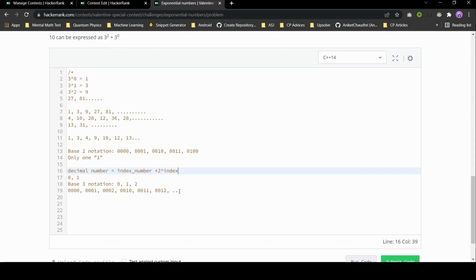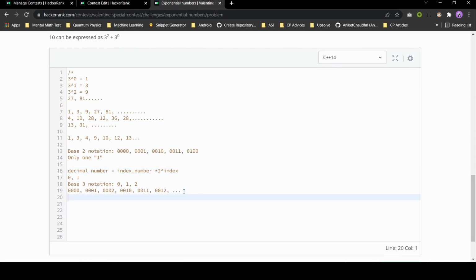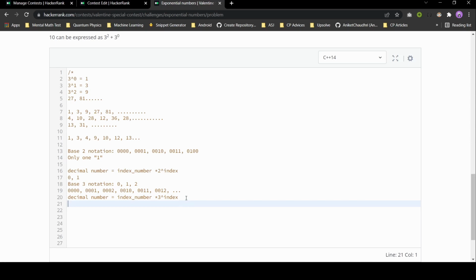So in this case base 3 also will be converted in the same way. Just the difference will be that 2 will be replaced by 3 and the same continues. So what will the powers of 3 look like in base 3 notation?